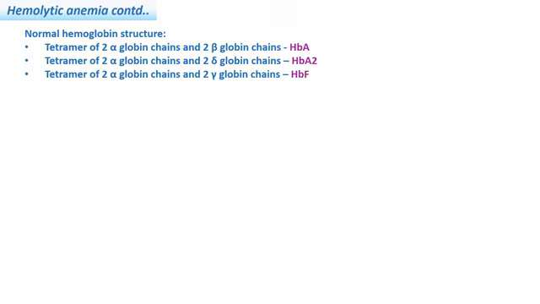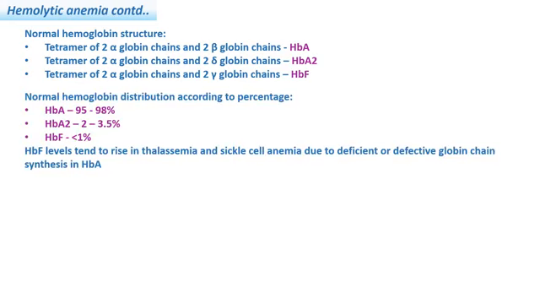Tetramer of two alpha globin chain and two gamma globin chain forming the hemoglobin F. Normal hemoglobin distribution according to percentage: hemoglobin A 95 to 98%, hemoglobin A2 2 to 3.5%, hemoglobin F less than 1%. Hemoglobin F level tend to rise in thalassemia and sickle cell anemia due to deficient or defective globin chain synthesis of hemoglobin A.